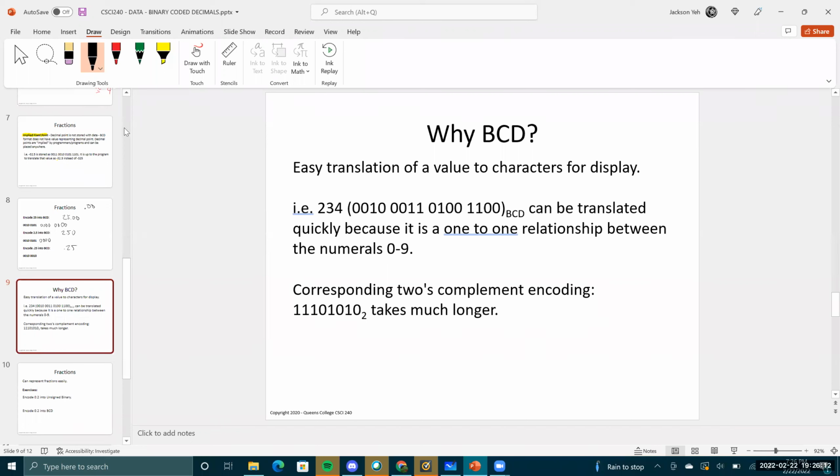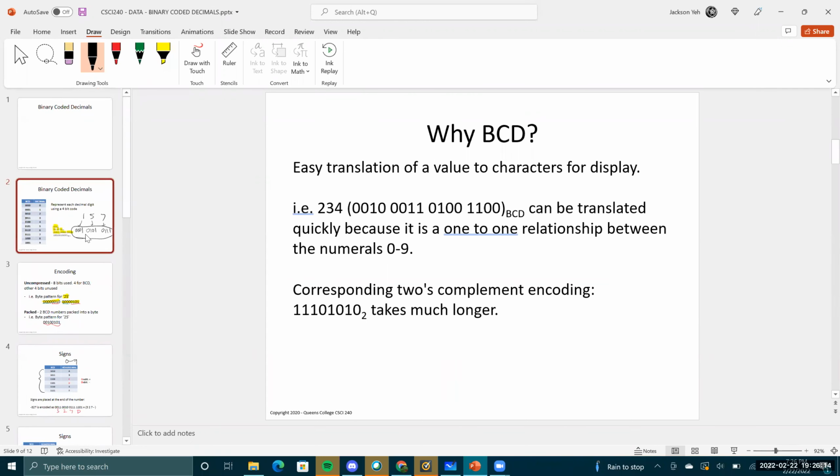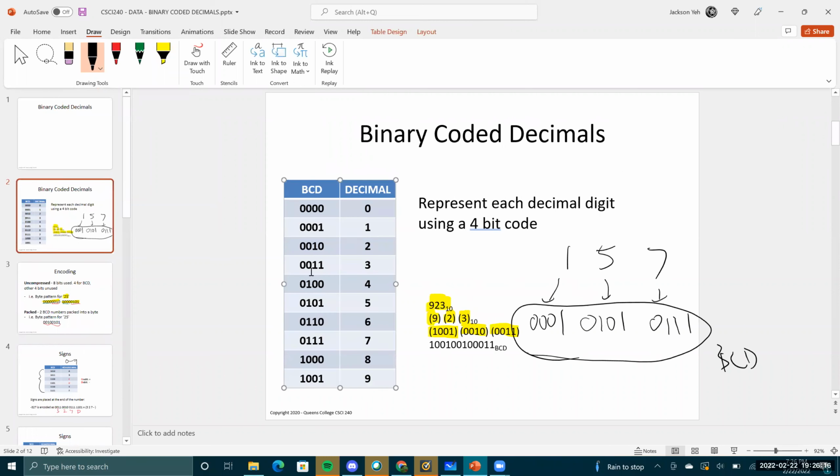What am I talking about when I say 1-to-1 relationship? No calculations necessary. If I want to know what 215 is, I look at 2, it's 0010. 1 is 0001, and 5 is 0101. Notice there are no calculations involved, no addition, no subtraction, no division. Literally, it's just lookup. 4 bits translate into a decimal.